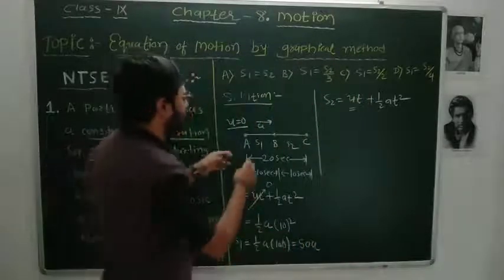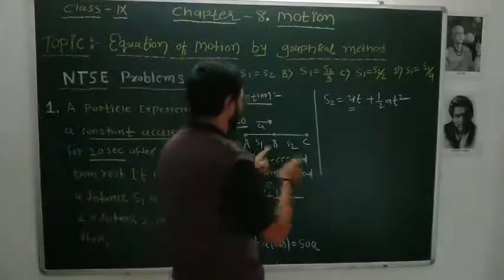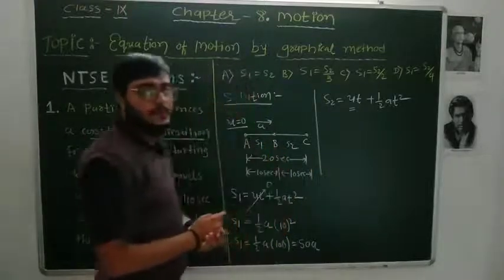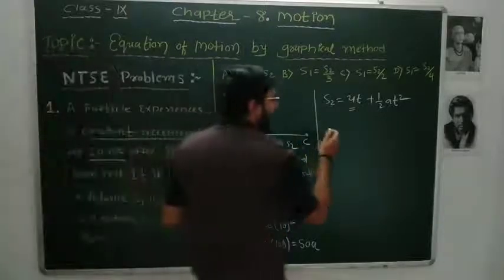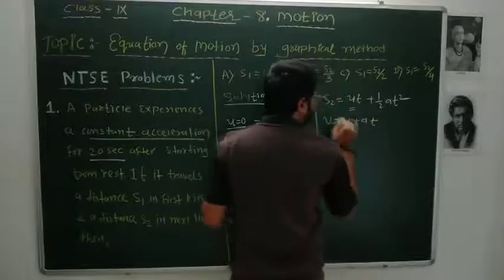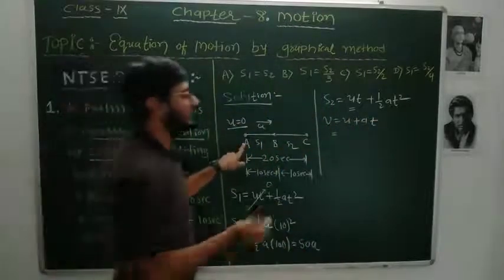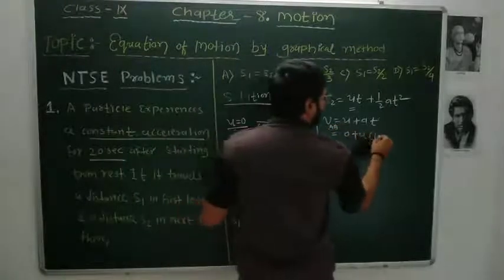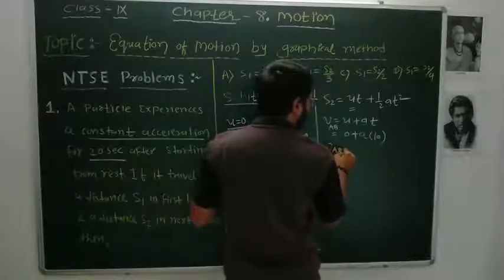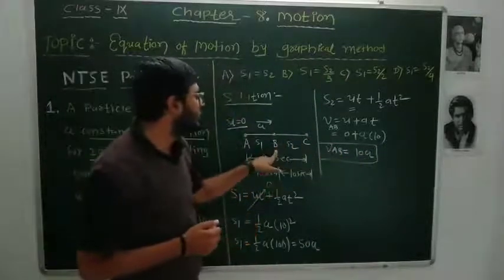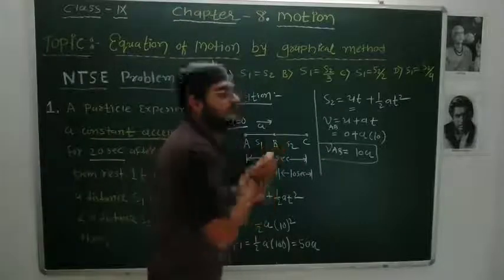We already know that the particle covers distance A to B, then B to C. From A to B we can find its final velocity from the first equation of motion, v is equal to u plus at. Here we put the initial velocity at point A, that is 0, and the first 10 seconds, that is 10. So v_AB we get is 10a.